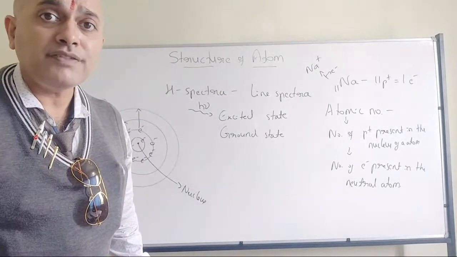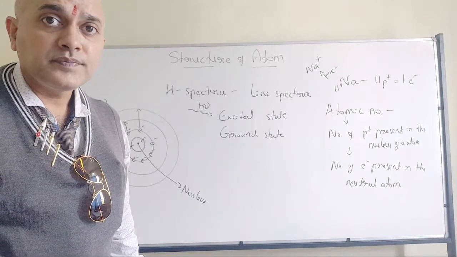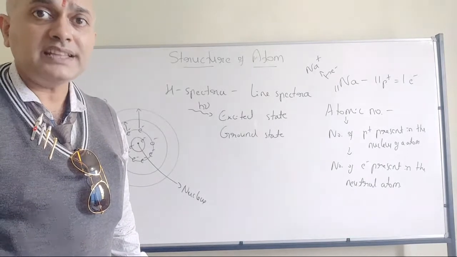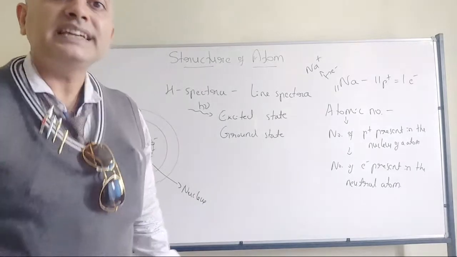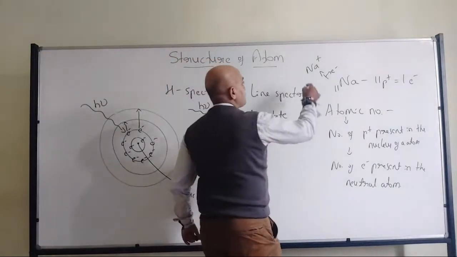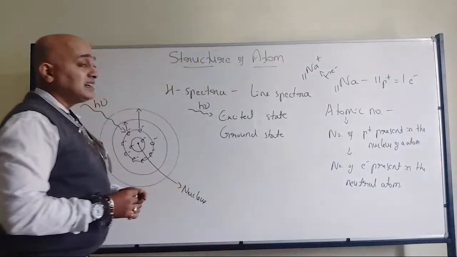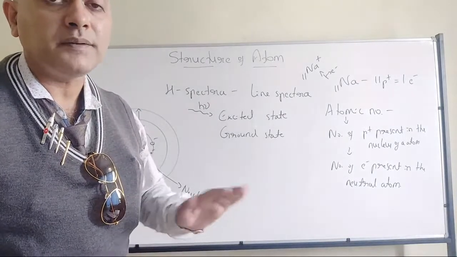The atomic number of Na plus is 11 only. There is no change in the atomic number.